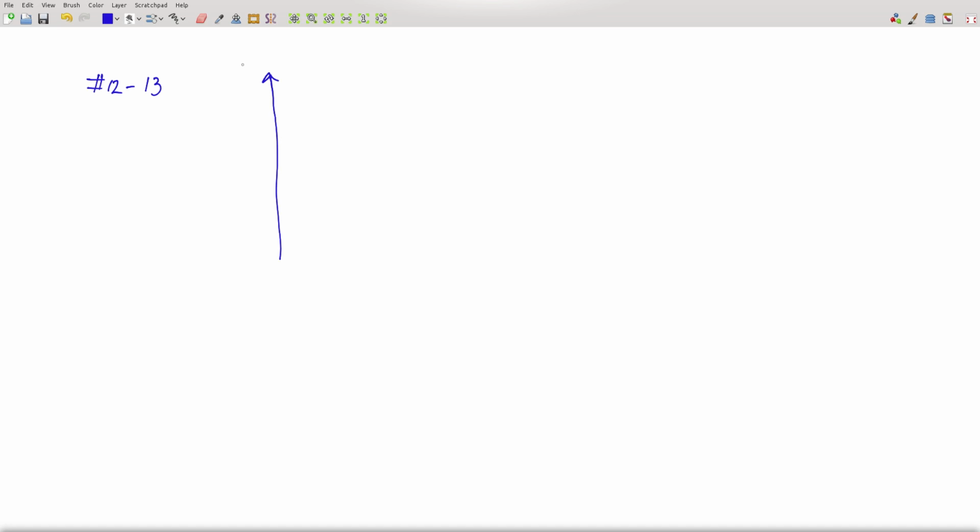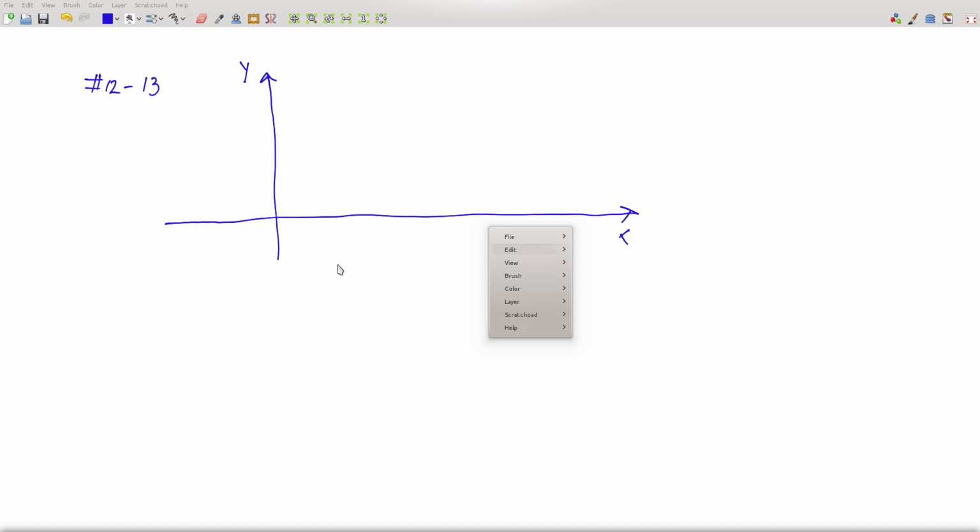It gives us a y-axis, and it gives us an x-axis. Here's our x-axis. And it has some important values labeled on the x-axis. I guess this will be 1.